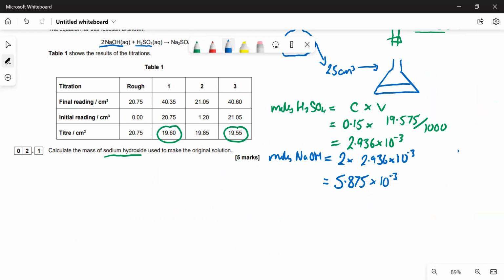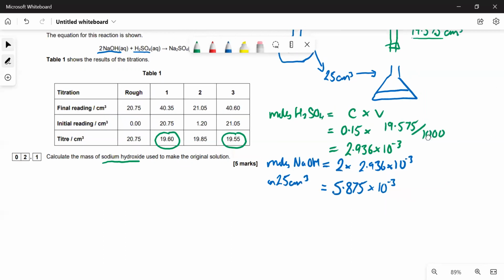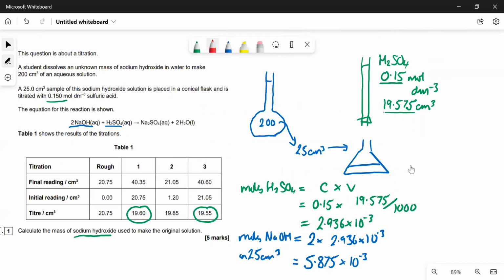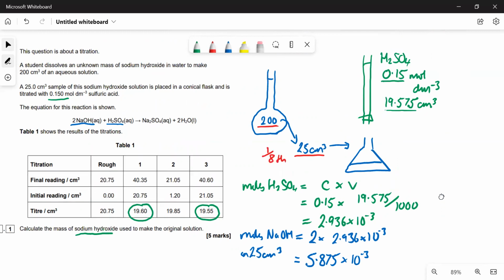Okay, now that is in 25 centimeters cubed. But we want to find out how much we've got in 200 centimeters cubed. So look here, what we started off with, we had 200 centimeters cubed and we only took 25 out of that. We took 1/8 of the volume out there, didn't we? Okay, so the total number of moles we've got to multiply by 8.